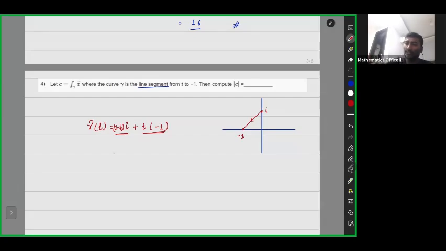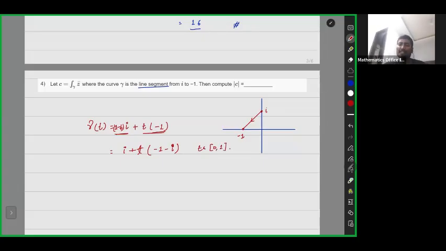Fine, so now we have this curve. We can write it in a better way: (1 minus t) i plus t times (minus 1), where t belongs to 0 to 1.